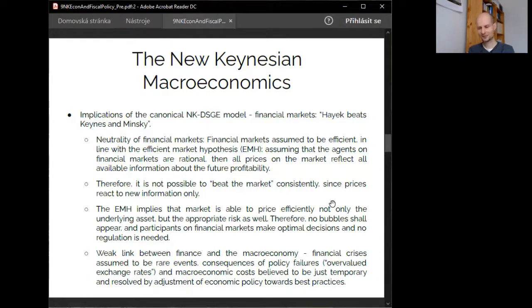So that's another reason why, according to the efficient market hypothesis, there shouldn't be any bubbles on the markets, and the participants on financial markets just make optimal decisions by themselves. Therefore, the efficient market hypothesis implies that no regulation is needed, because why would you regulate, besides punishing explicit frauds or stuff like that? Why should we regulate those who behave optimally in their self-interest?